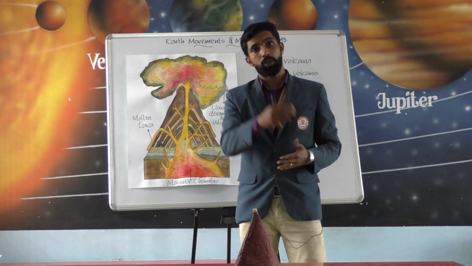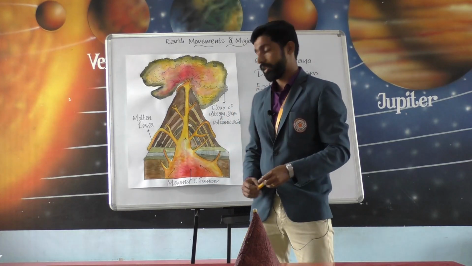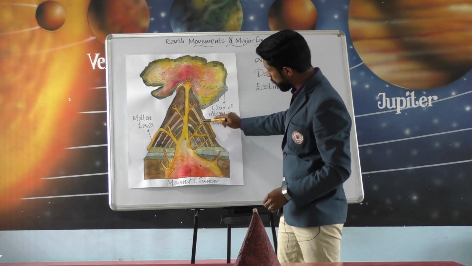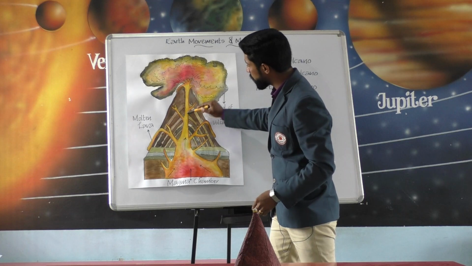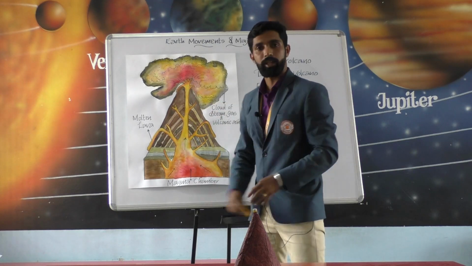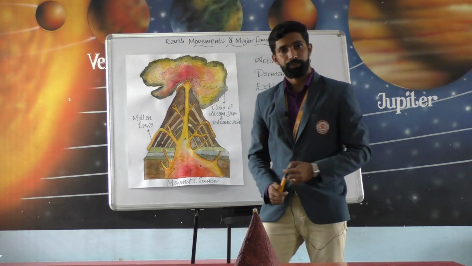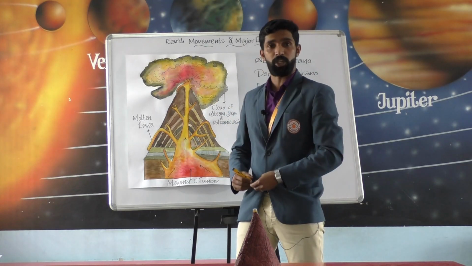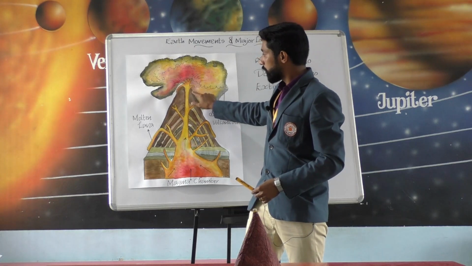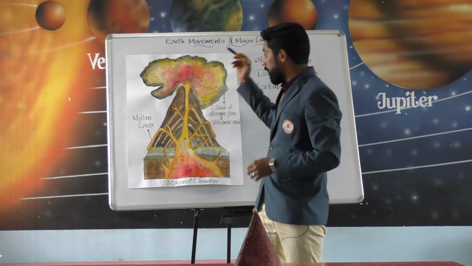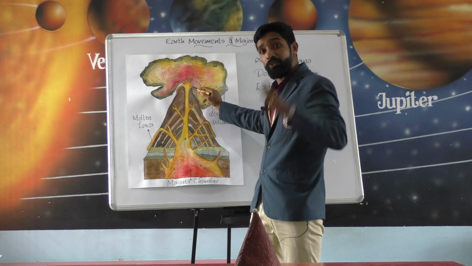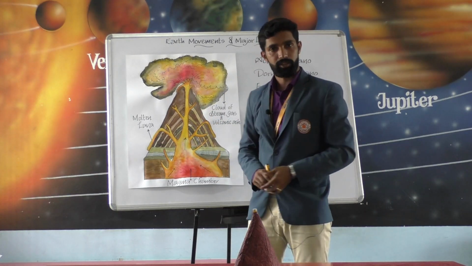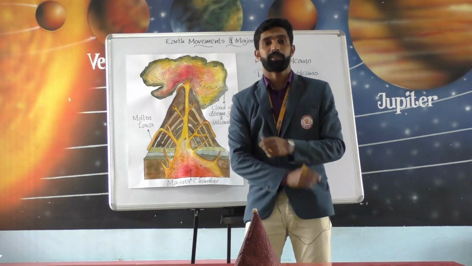The passage through which lava travels is called a vent. The top of a volcano has a cup shaped or funnel shaped depression which is known as crater.